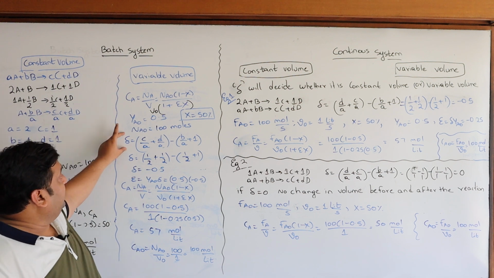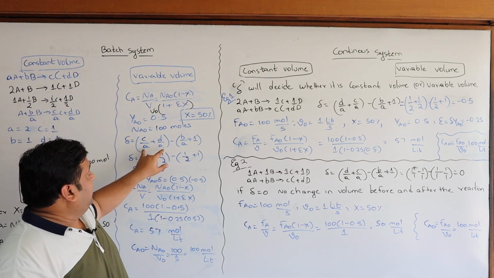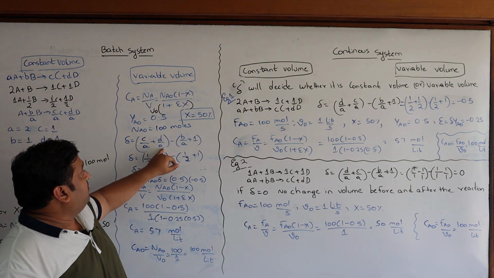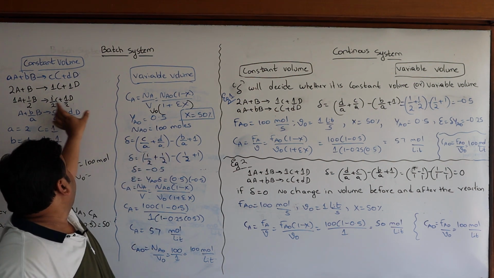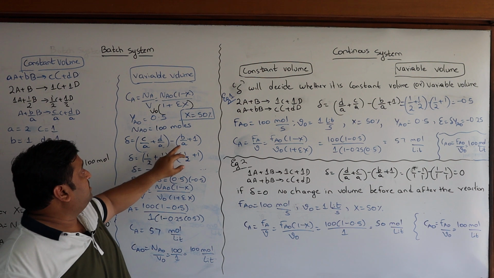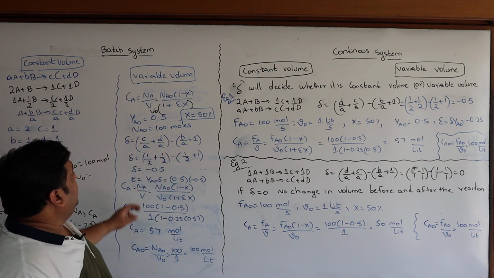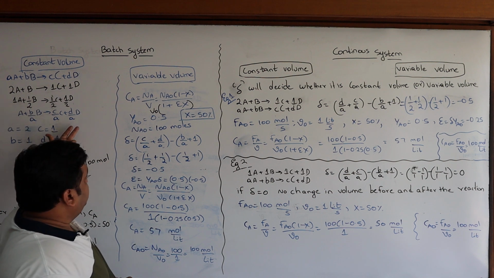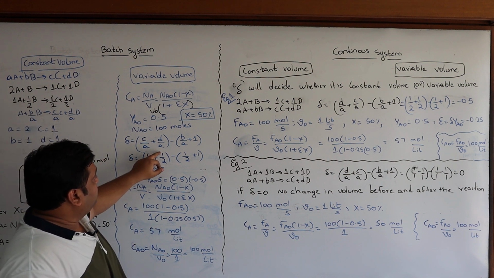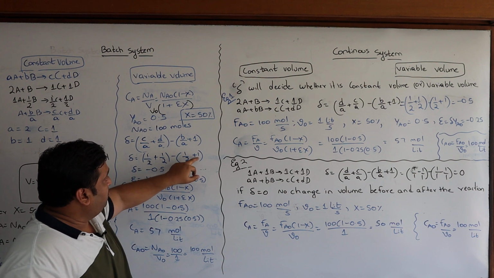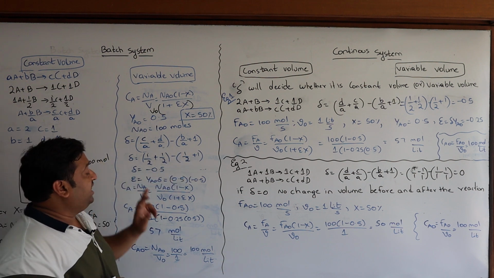I know delta is the summation of the stoichiometry of the products minus the summation of the stoichiometry of the reactants, and I know a, b, c, d from this reaction. C by A is 1 by 2 plus D by A is 1 by 2, minus B by A is 1 by 2 plus 1, and my delta is negative.